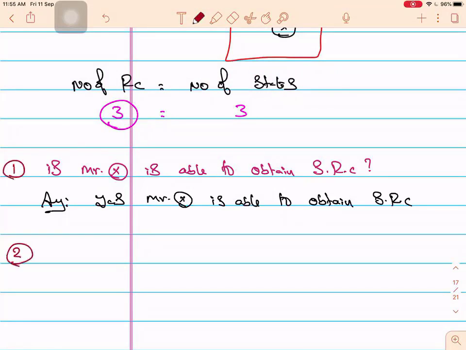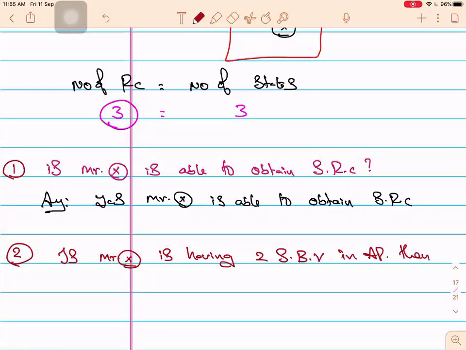What is question number 2 in this particular case? Mr. X is having two separate business verticals in AP.